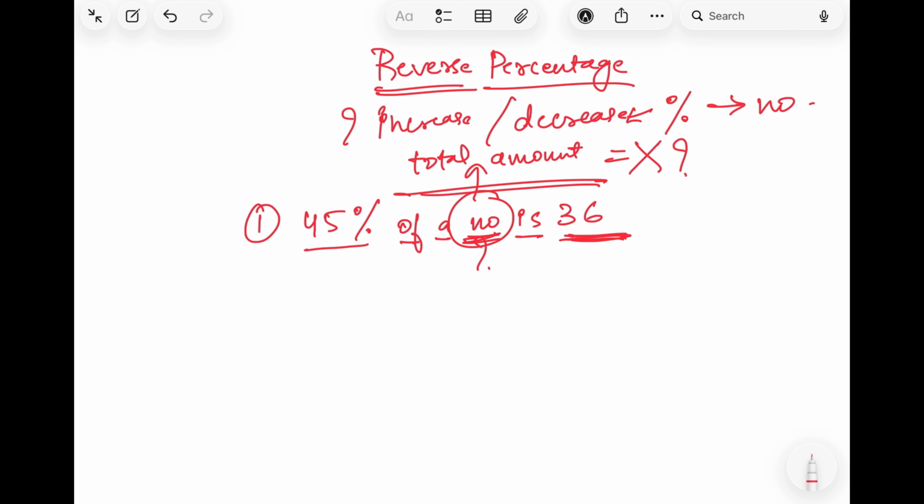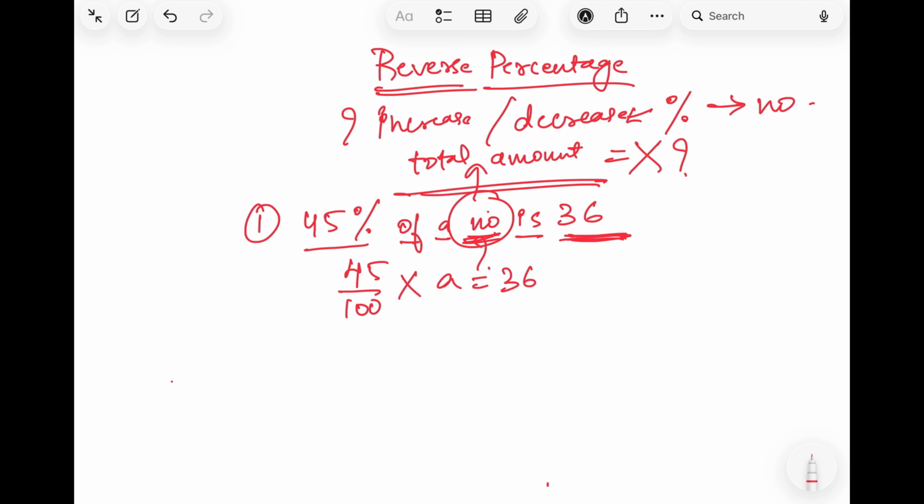What do we do? The same steps. 45% is given, so we'll do 45 upon 100 of a number. We don't know this number. Let's take this number as A, so 45 upon 100 of A is 36. Now you have one unknown here. Can you find the value of A?